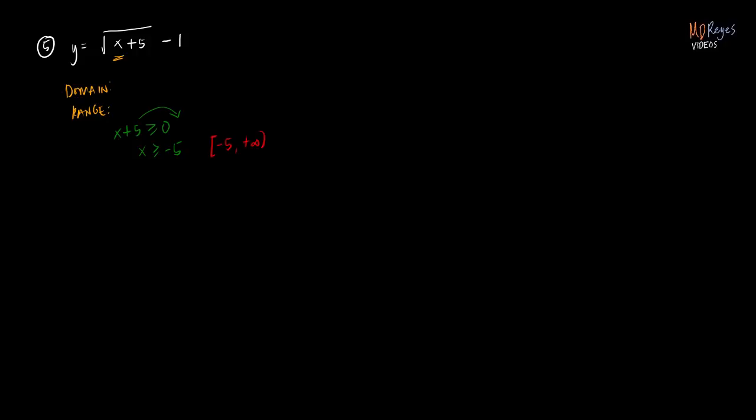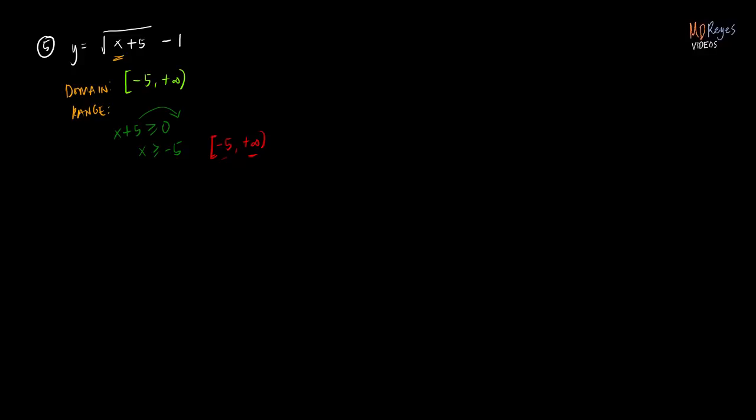If you have the symbol greater than or equal to, we'll always be making use of brackets in the interval notation. So the smallest value for x is -5. The highest value, we don't know that. So it can be any positive number, very, very large positive number. So we just make use of the symbol positive infinity. So that would be the domain of the function. The domain from -5 to positive infinity.